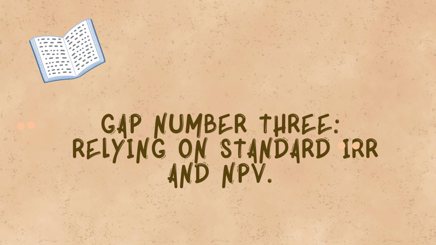Standard IRR assumes cash flows occur at perfectly equal intervals, usually exactly at the end of the year. Real life isn't that clean. Real investments have irregular cash flows, especially in fields like real estate or private equity, where distributions happen sporadically.